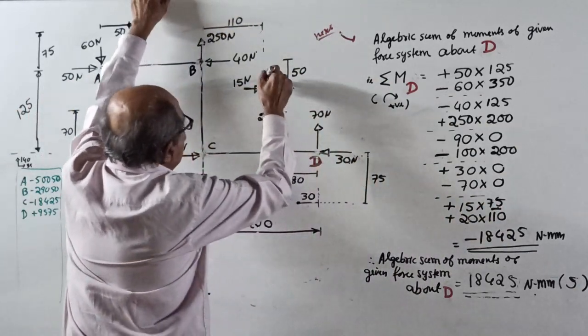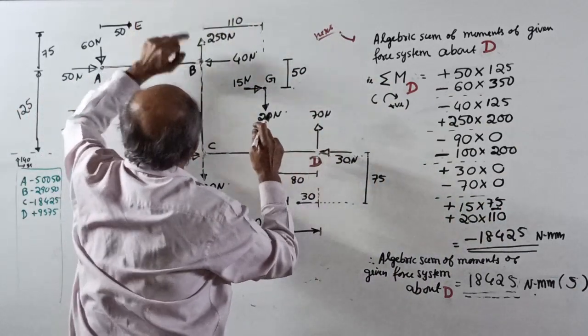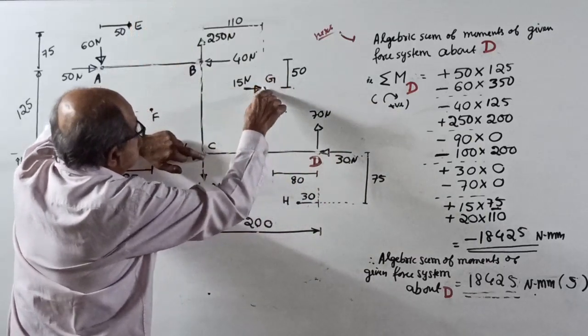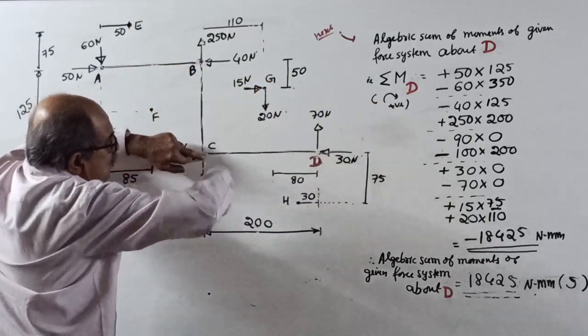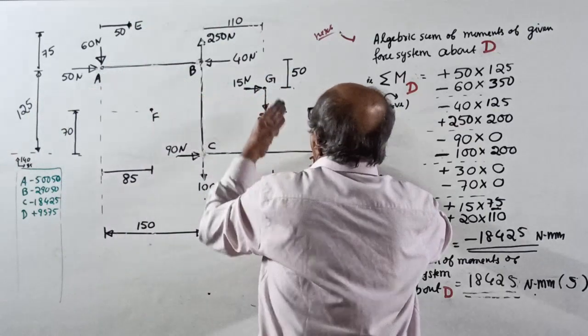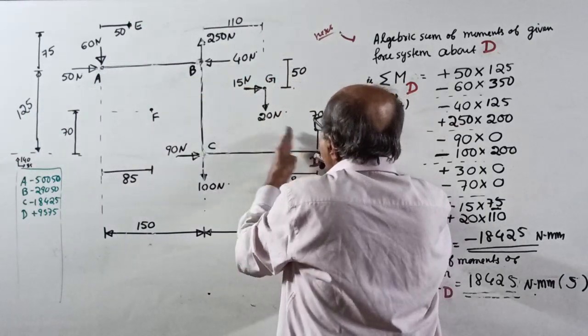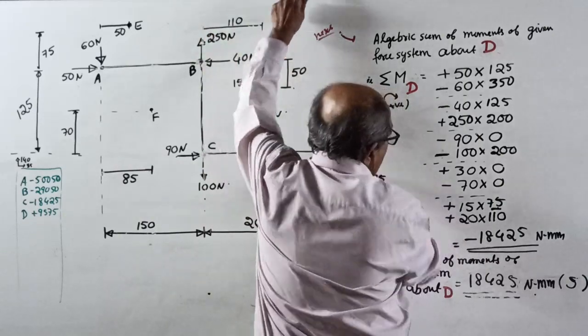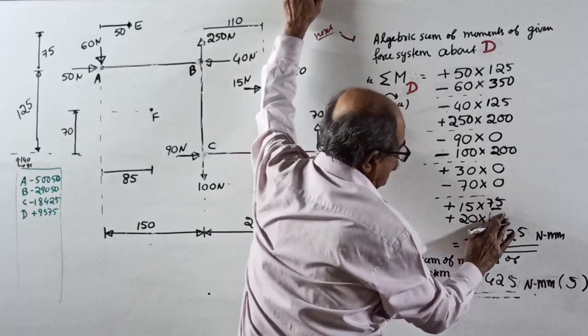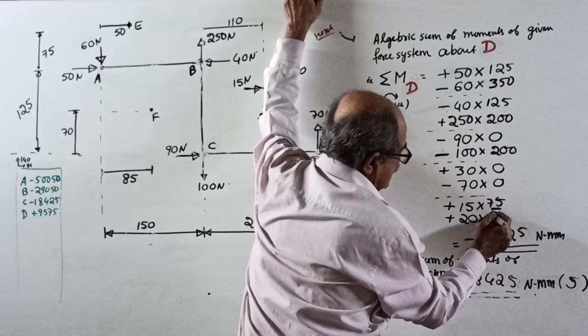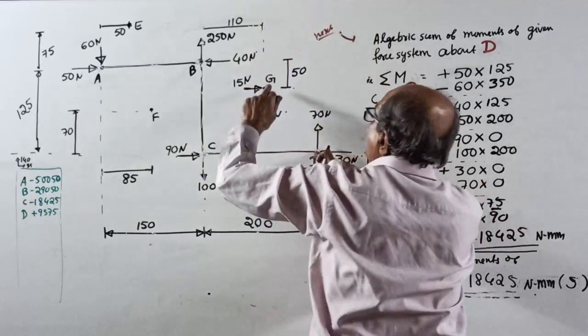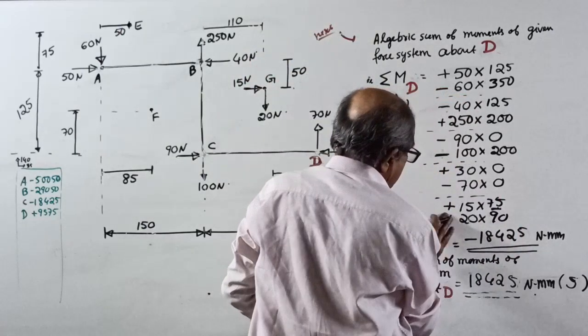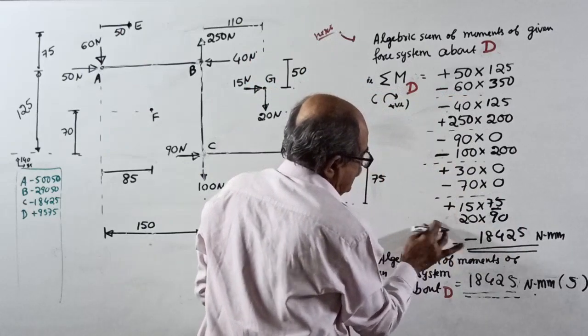And lastly, 20 into, see, about this point, it was 20 into 110 clockwise, but about this point, it is 20 into this distance. From 200, subtract 110, 90. 20 into 90. And it will be anti-clockwise. Okay, now calculate.